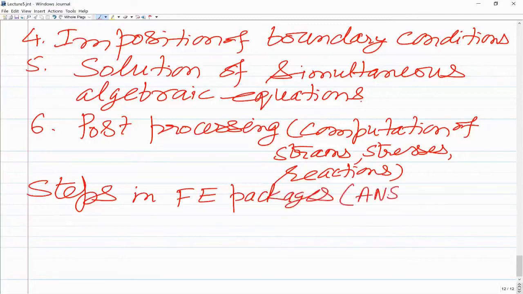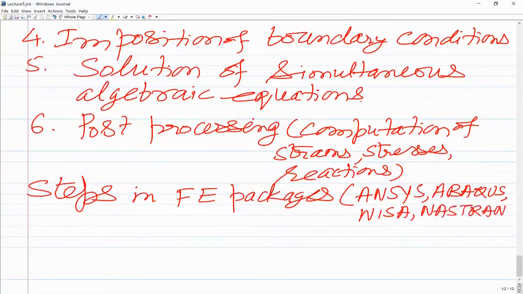For example, you have ANSYS, you have Abaqus, you have MSC Nastran, COMSOL. There are so many packages. You just have to learn them.